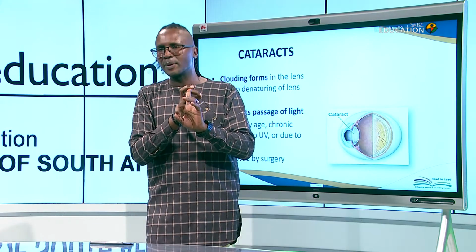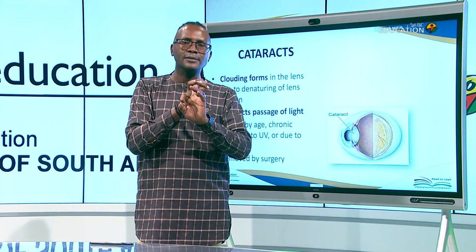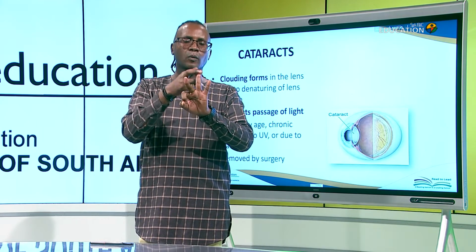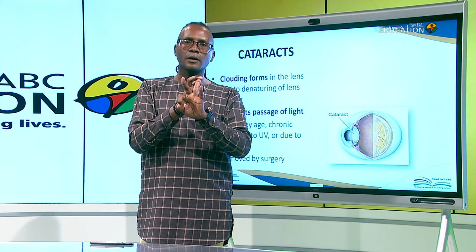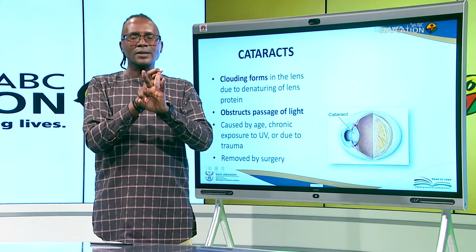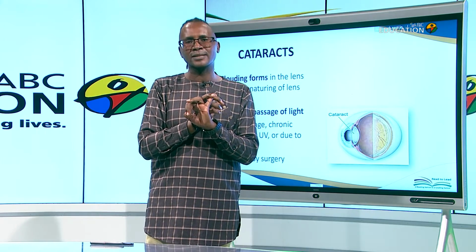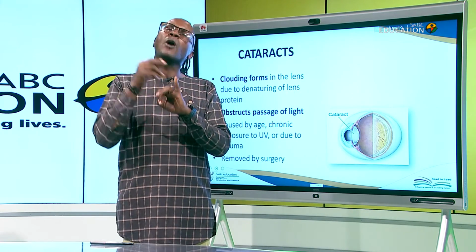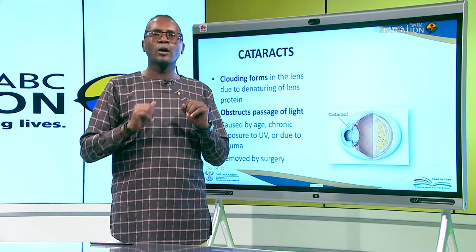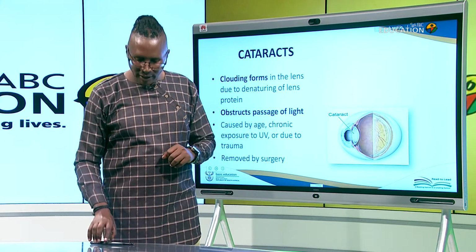Short-sightedness, we can give a person the lens, the glasses. We can give the person with long-sightedness the glasses. We can also give the person with astigmatism the glasses according to the shape of the surface of the cornea.